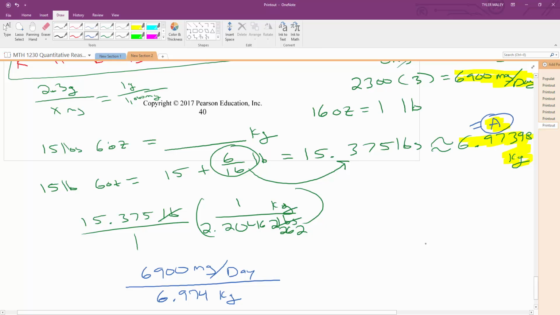When I divide milligrams per day by kilograms, it's the same thing as milligrams per day times 1 over a kilogram. This ends up being milligrams per kilogram per day.